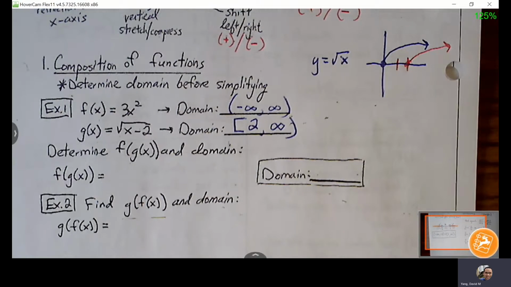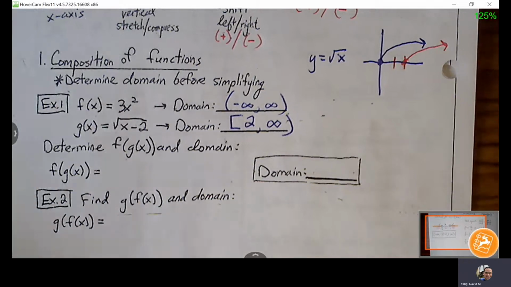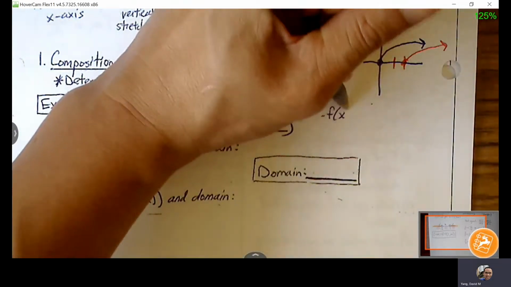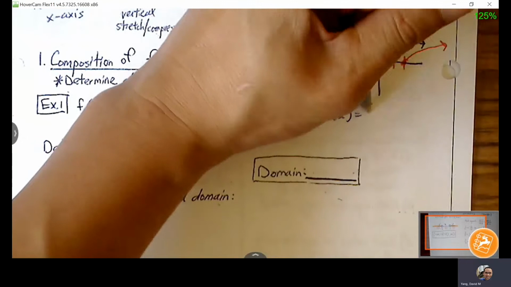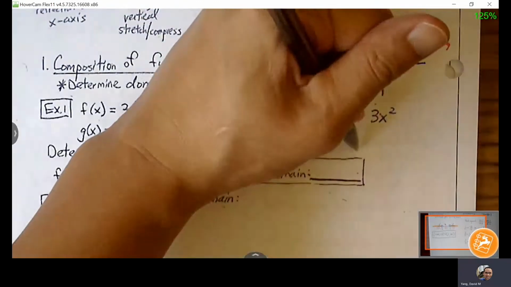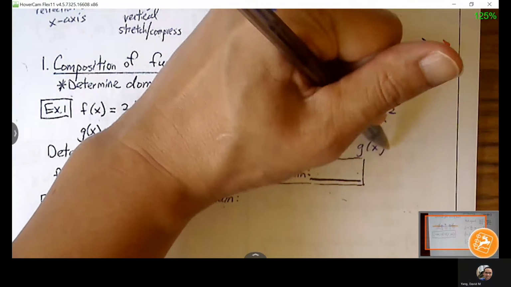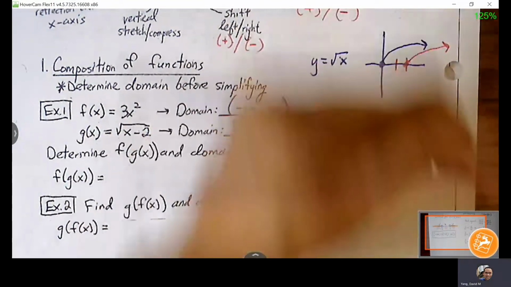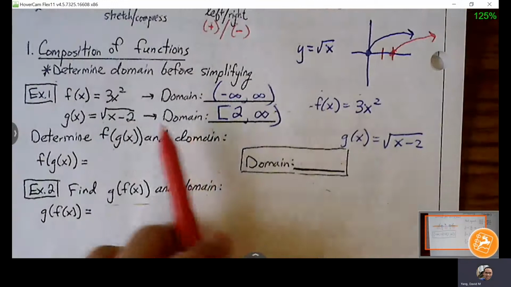Okay, so next we're going to determine that composite function, f of g of x. So we're going to insert the g function into the f function. Let me show you what that looks like. So I'm going to take the g function. I'm going to put them separately, visually, to give you an idea what's going on here. So I'm going to take that square root of x minus 2.